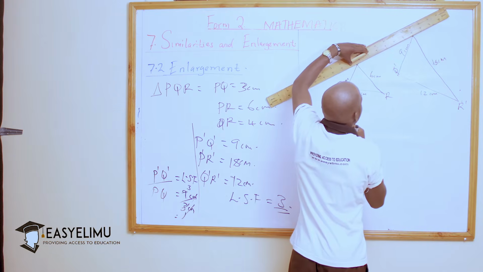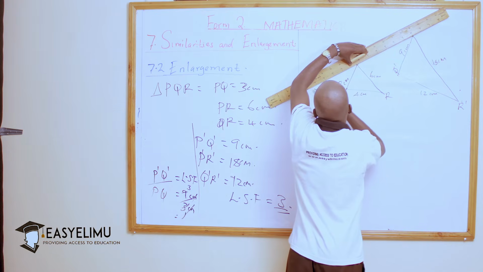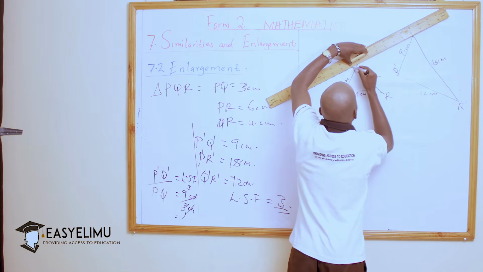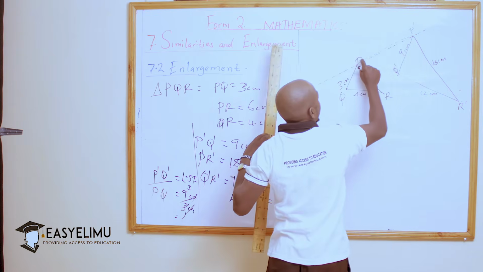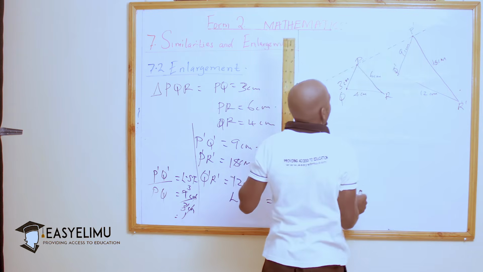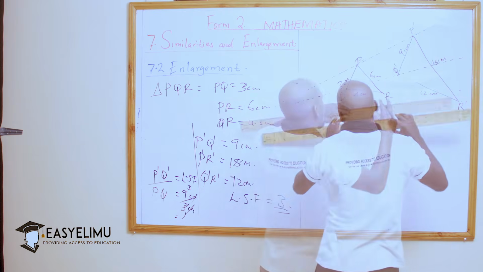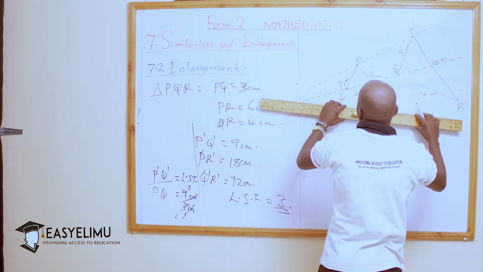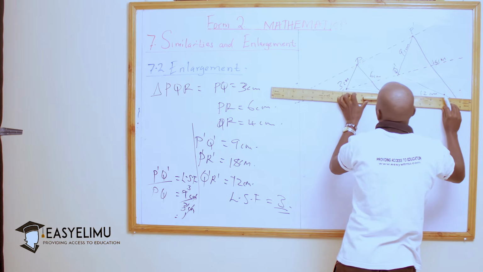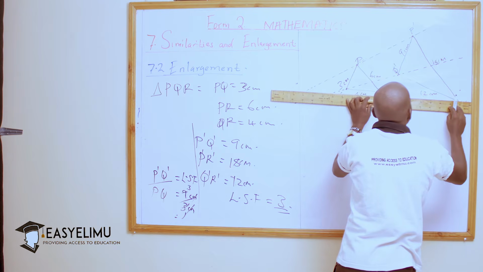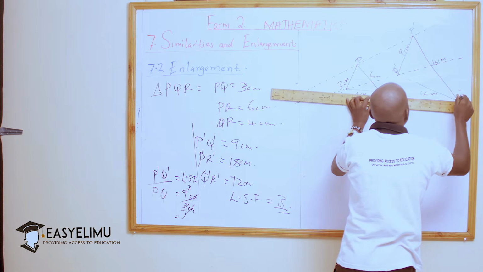Join P to P prime and protrude it outside, so that you may have a condition like that. After doing that, join Q to Q prime. After joining Q to Q prime, also join R to R prime. This is just a sketch, but in real work you will find it out.